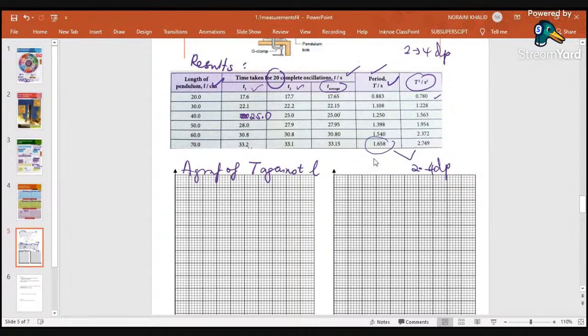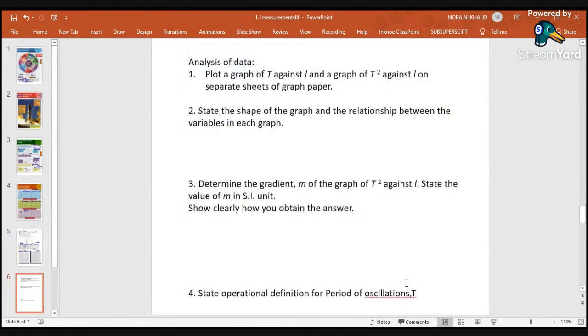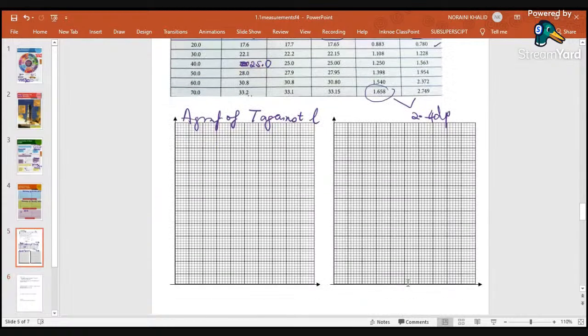You always start the graph from 0. Let's say one box here, I put 0.2.